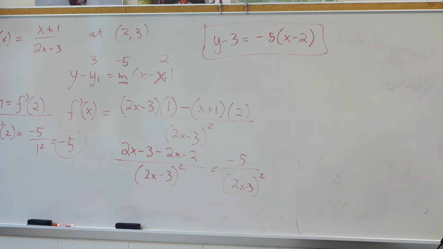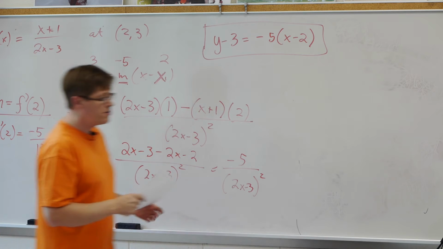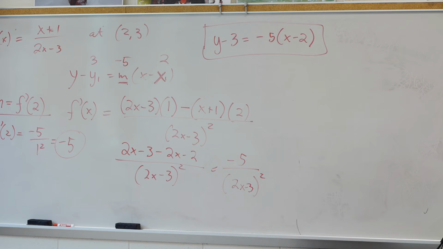So for the next one, I'll write it up on the board, but go ahead and take the first derivative there. And try to see if you can do it without the quotient rule. I think it's easier if you don't use quotient rule.